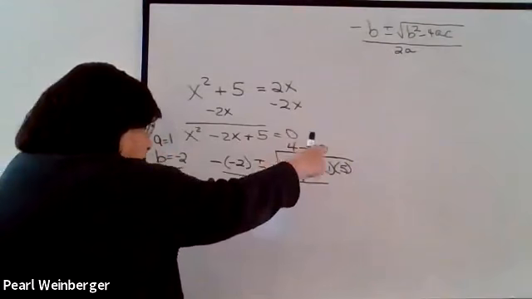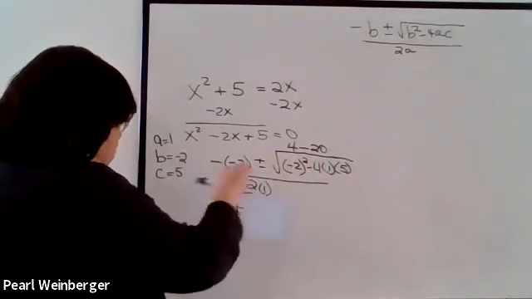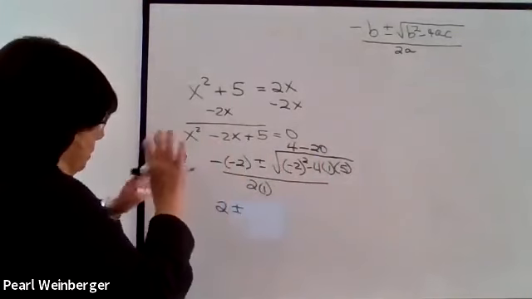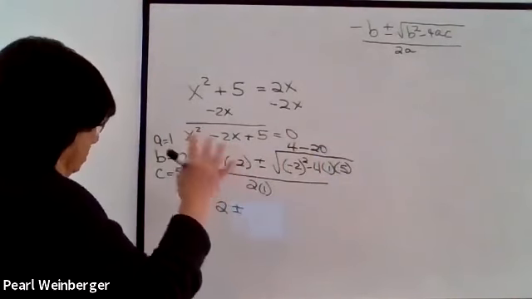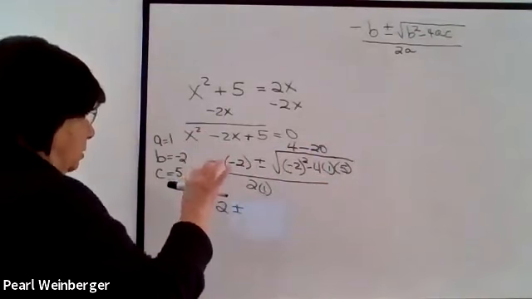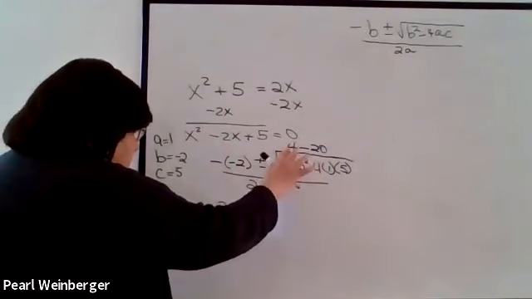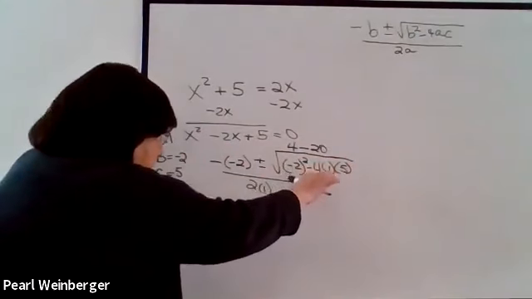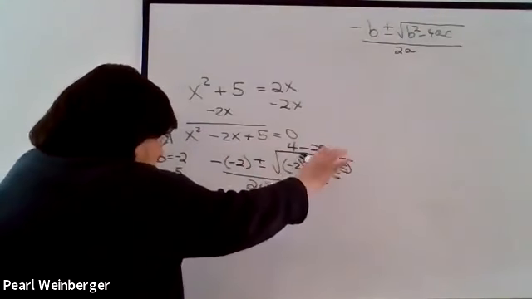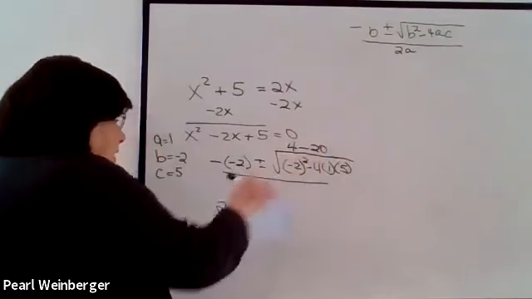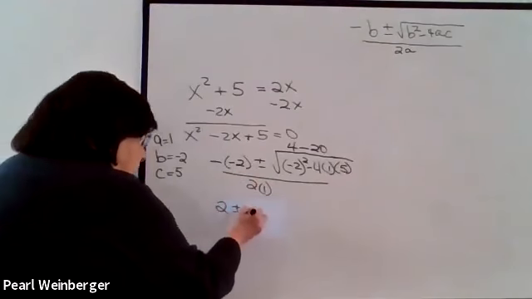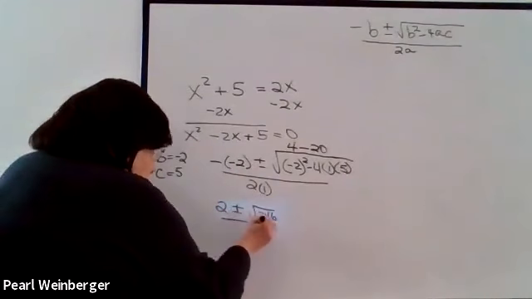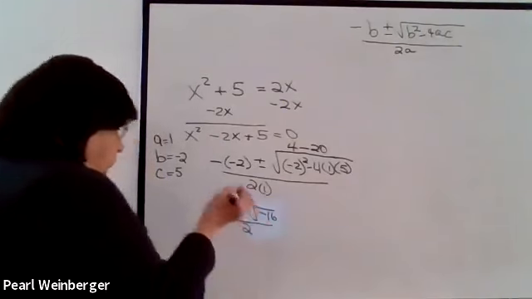Don't try to do this all at once. I think it's better to not use your calculator unless the numbers are really hard, but do it in 2 separate pieces: square the number, and then do the -4 times the a times the c. And 4 minus 20 is -16, and that's all over 2.